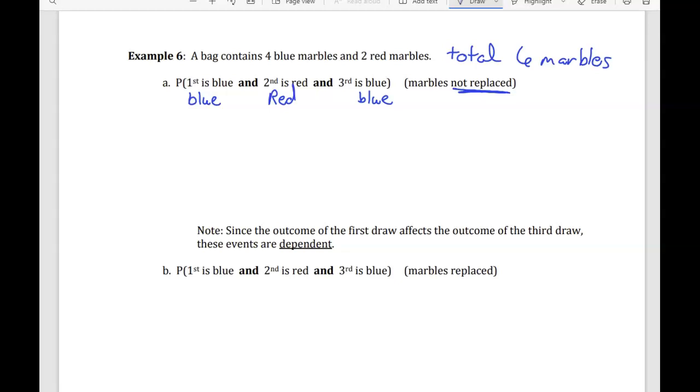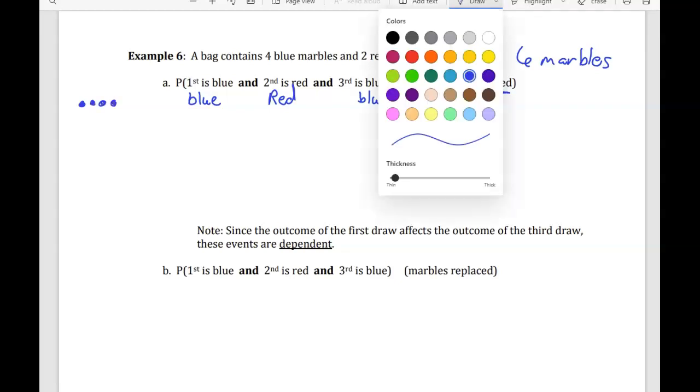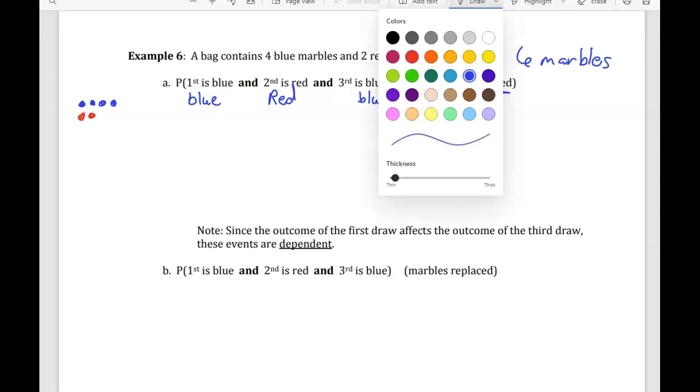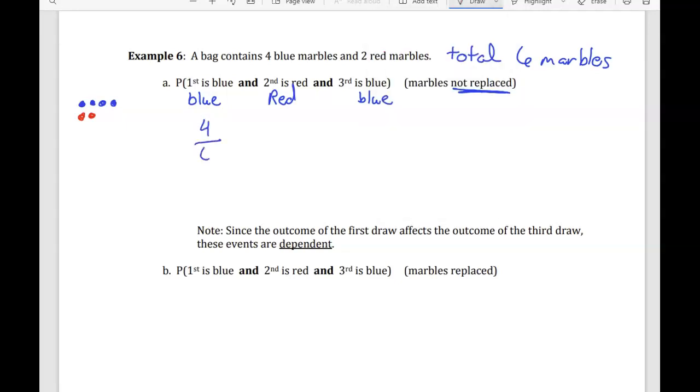So if we think about this, let's just start with 4 blues and 2 reds. For the first one to be blue, I have 4 out of 6.